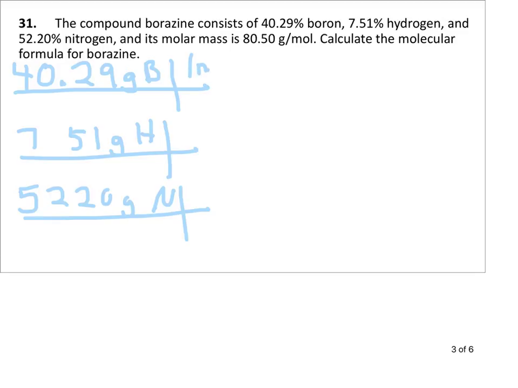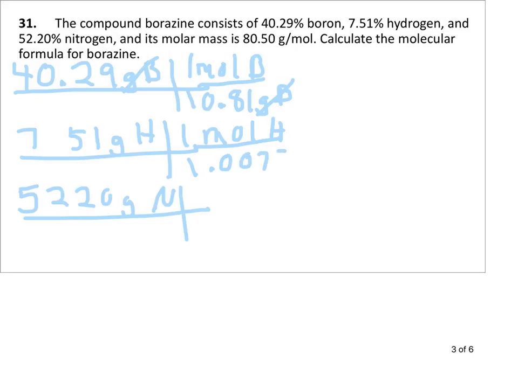So 1 mole of boron is 10.81 grams of boron. Grams divide out grams. 1 mole of hydrogen is 1.0079 grams of hydrogen. Grams divide out grams.